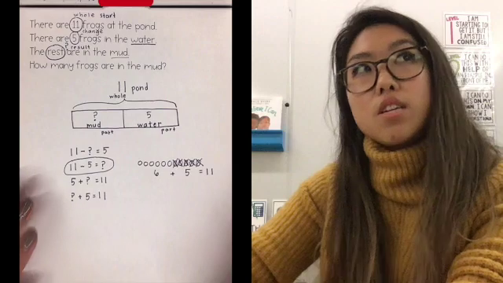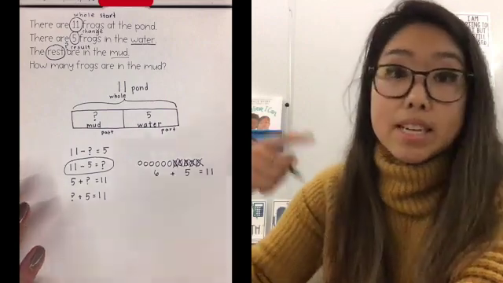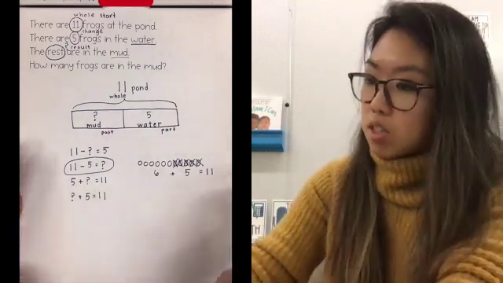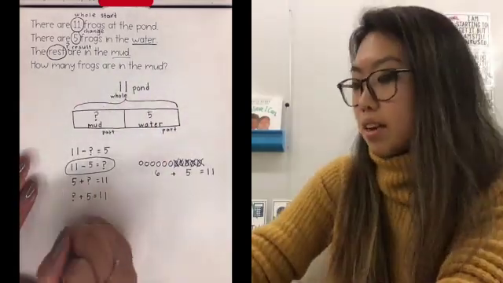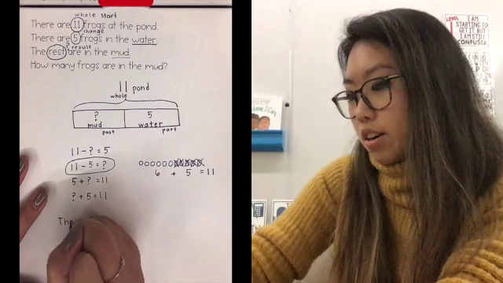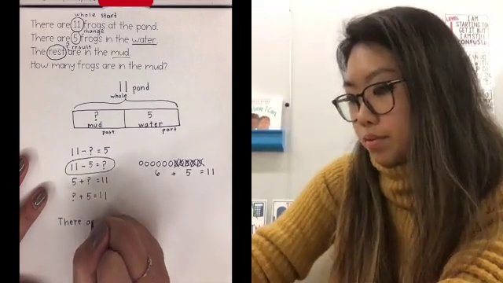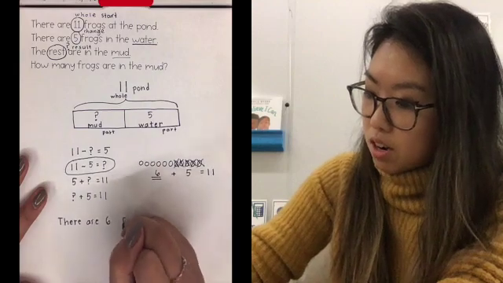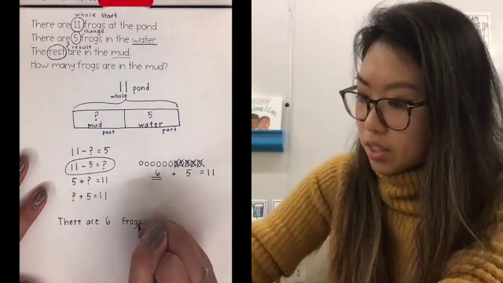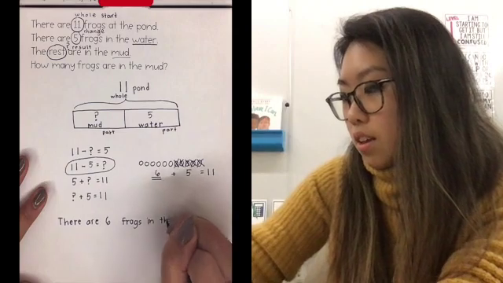How many frogs are in the mud? So now I need to answer that question with a sentence. I'm just going to take this sentence and rearrange it so I can answer the question. There are, and I solved already, there are 6 frogs in the mud.